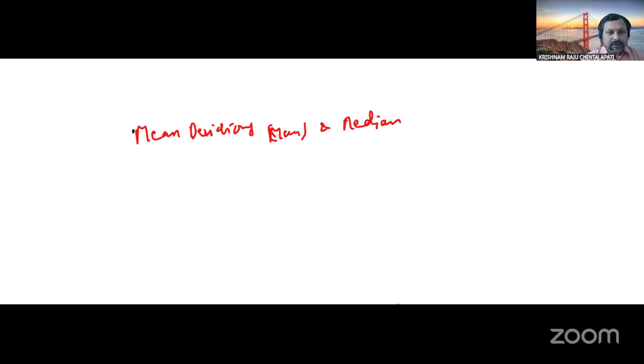While finding these mean and median deviations, we took their absolute values. Absolute deviations, xi minus x bar or xi minus median. Absolute means keeping the modulus sign. So this is absolute deviations.